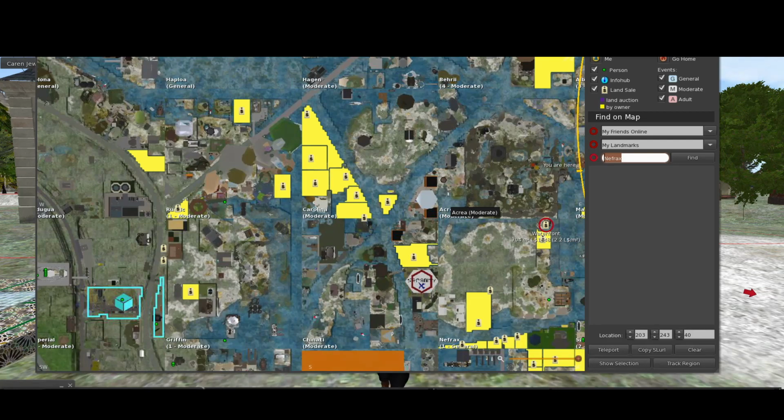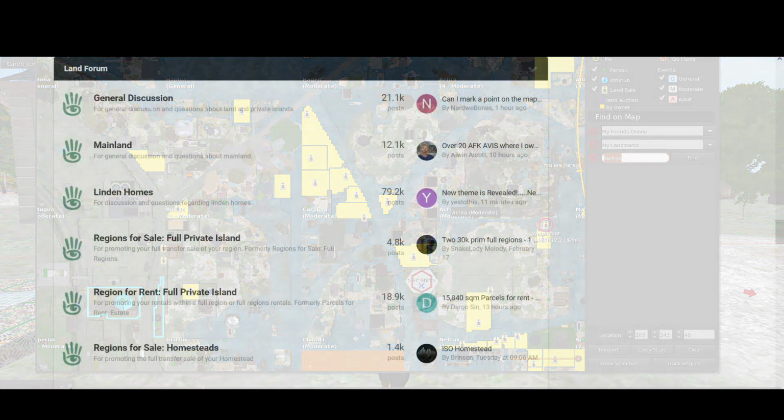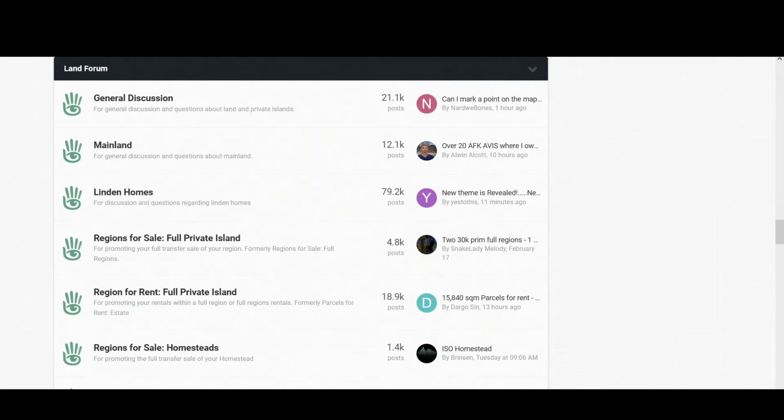And now we're going to go into buying land. Hold on tight, because as we discussed earlier in the video, you come to your secondlife.com account, tap into community, tap into forums, and you get to scroll all the way down until you get to the land forum, and we are going to look at mainland.